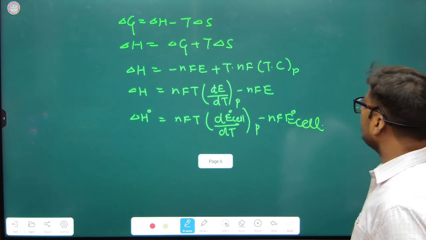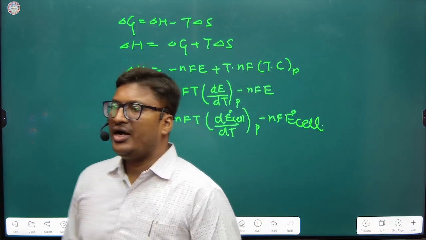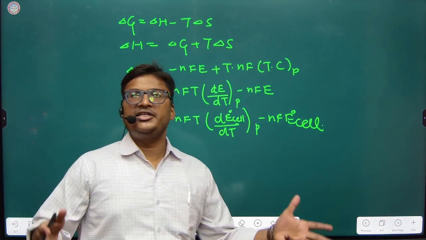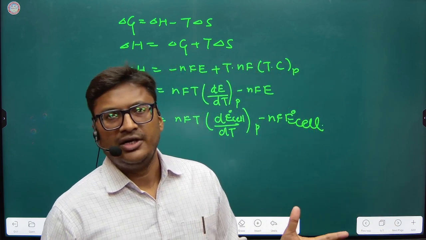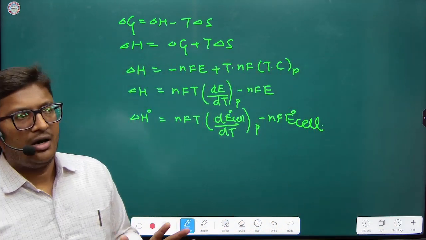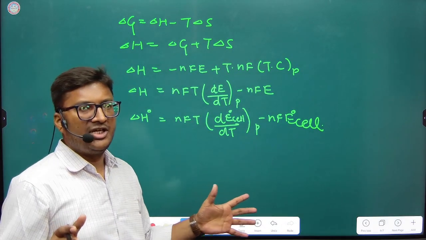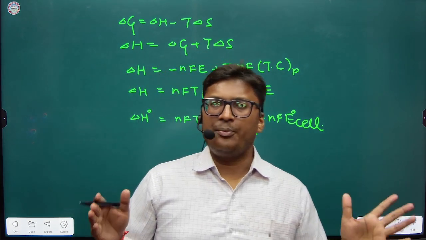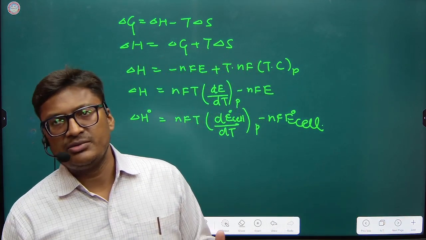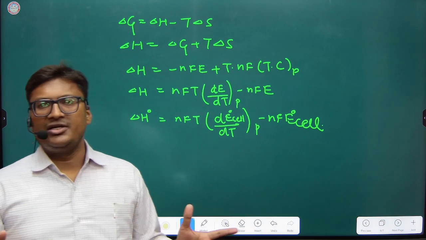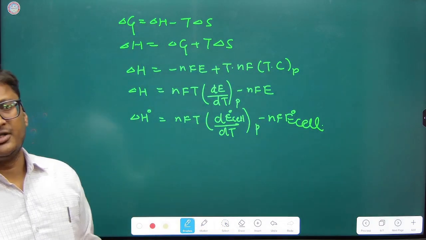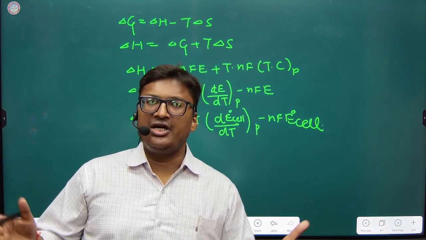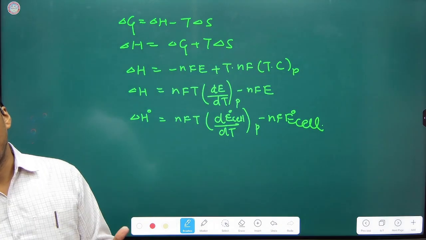Now we come across enthalpy change. So the change in enthalpy of an electrochemical reaction is obtained similarly to the change in Gibbs free energy and change in entropy. We define here delta H, and if it is at standard state, then it is delta H naught, right?